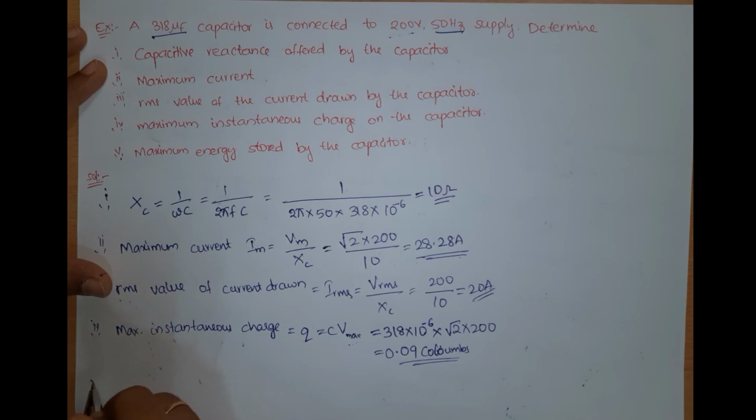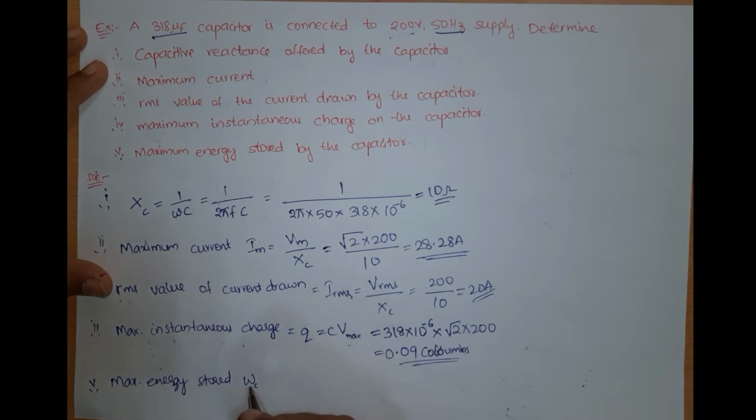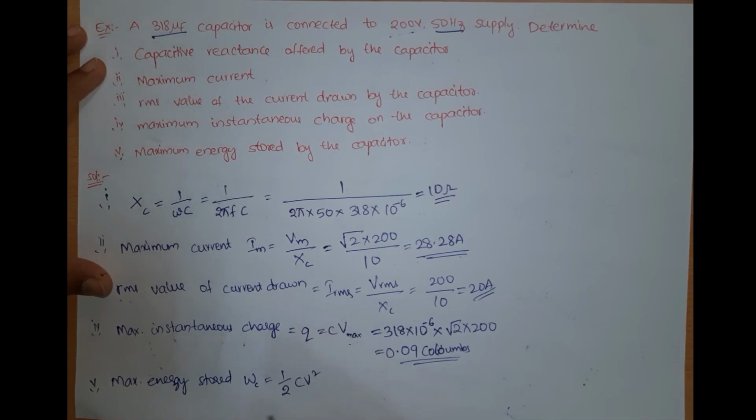Right? So the last one is the maximum energy stored, W C. We know that the energy stored by the capacitor is half C V square. But for this energy to be maximum, as C is constant, if we take voltage maximum, then that will be the maximum amount of energy stored in the capacitor.